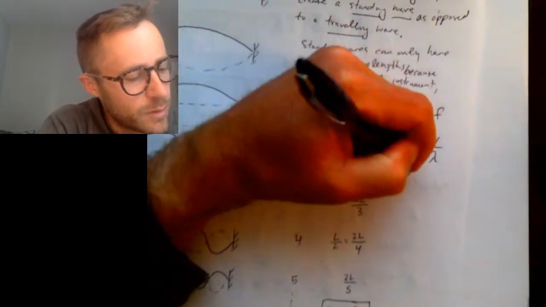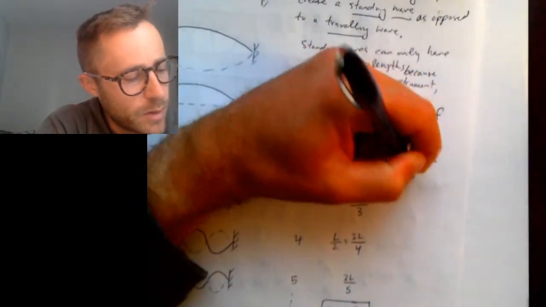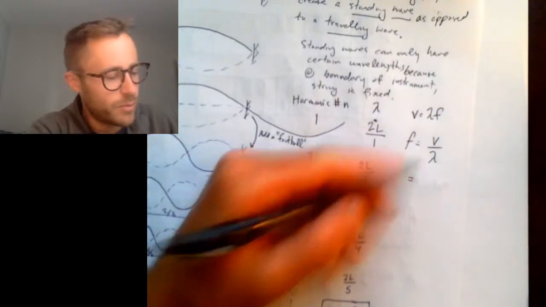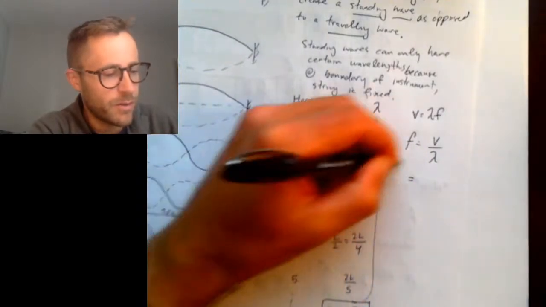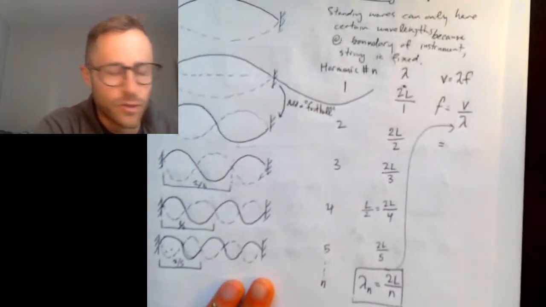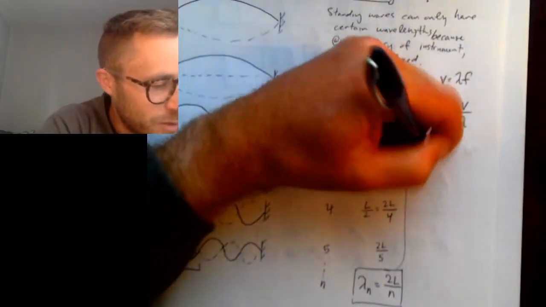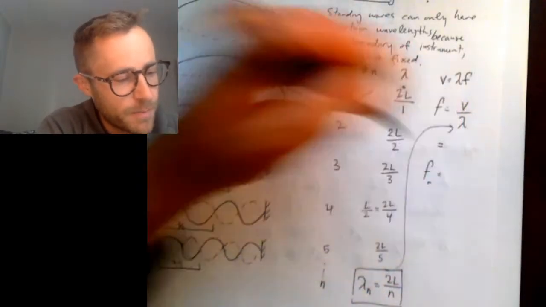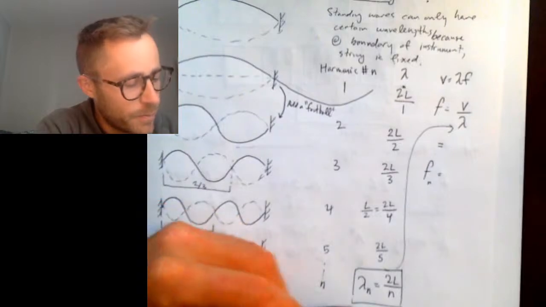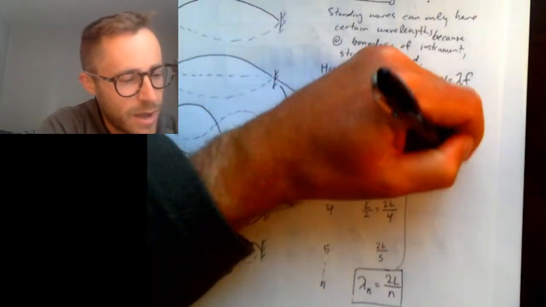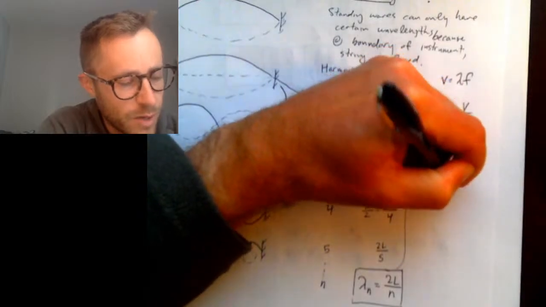And I can calculate that frequency by plugging in this formula for the wavelength. All right? So the frequency of the nth harmonic is equal to v over lambda. So it's nv over 2L.